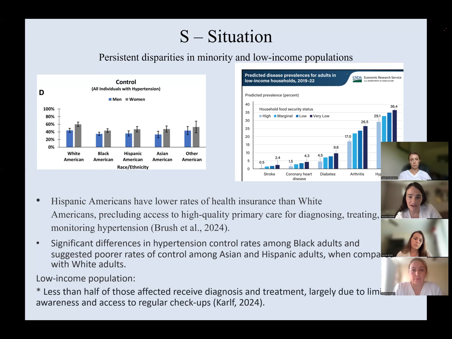The second chart on the right-hand side is showing low income households, from high income households all the way to very low. On the right-hand side where it says hypertension, it shows that higher income households have a lower percentage of hypertension. And the very low income status, which is the dark blue, is showing the highest percentage.